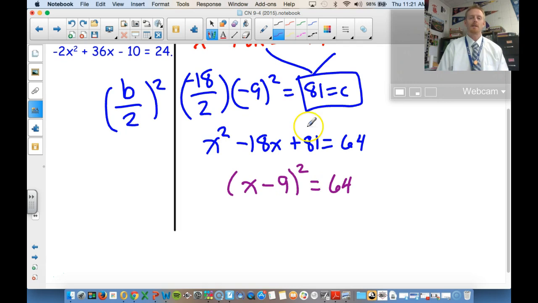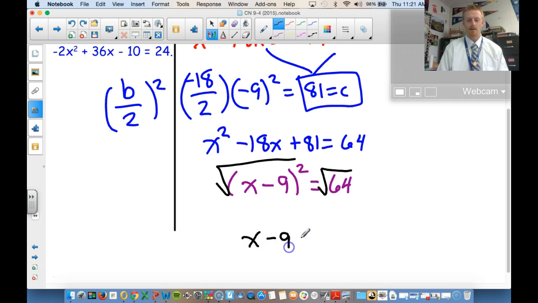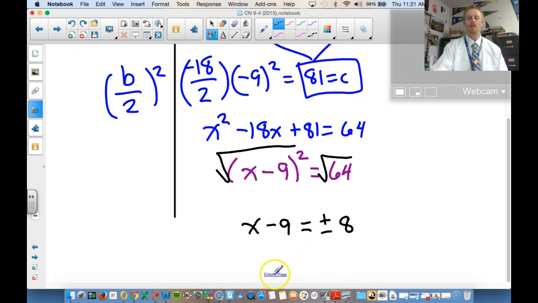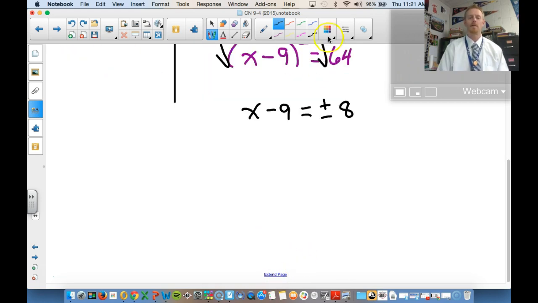And now our next task, just like the previous problem, is to square root both sides. X minus 9 is then equal to a positive and a negative 8. So again, that's that high road and low road thing that we talked about in the previous problem. I'm going to have two equations to solve. X minus 9 equals a positive 8.